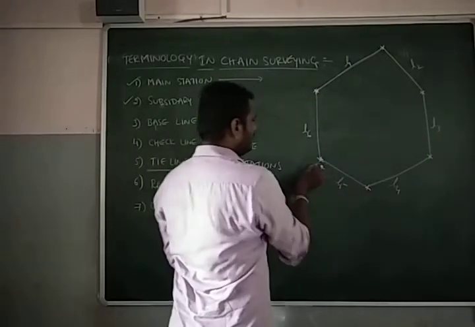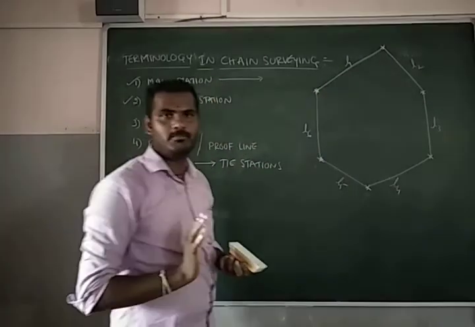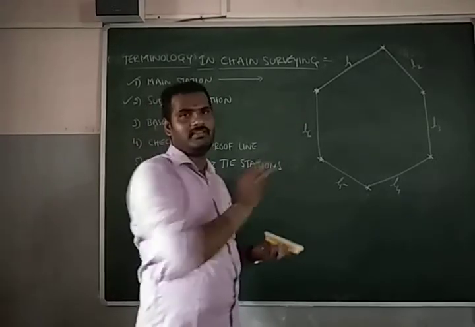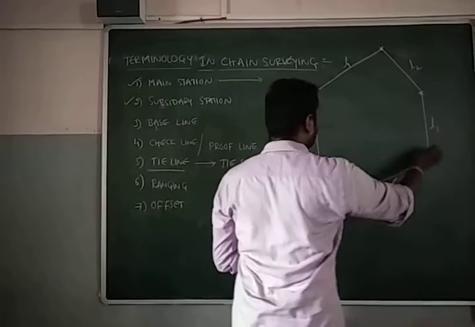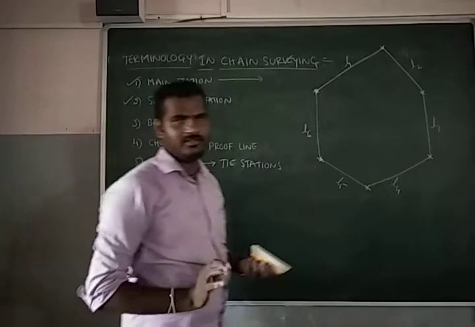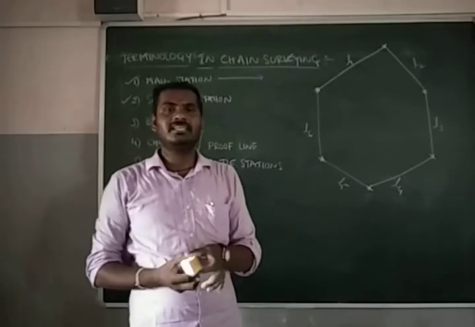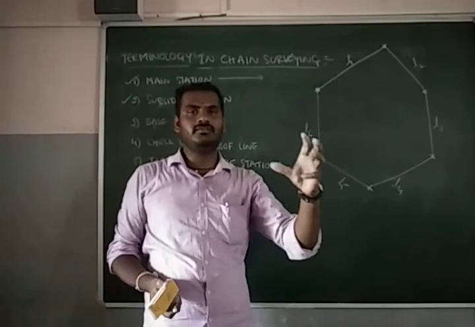These particular points are the reference points or the major points from where we have started the survey. That is why these stations are known as main stations. A main station is nothing but the starting point or ending point of a survey line.